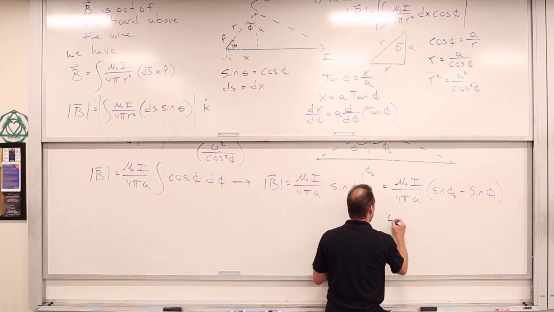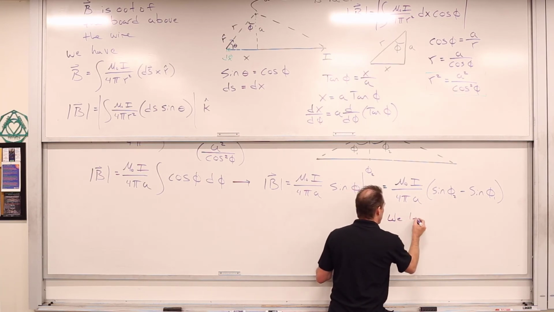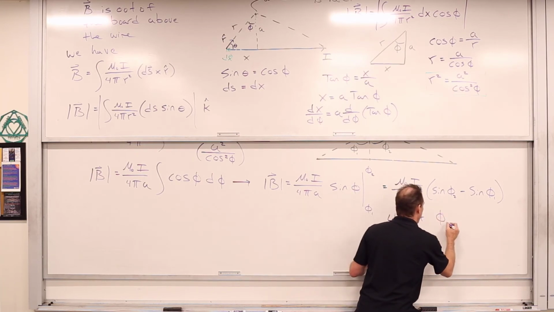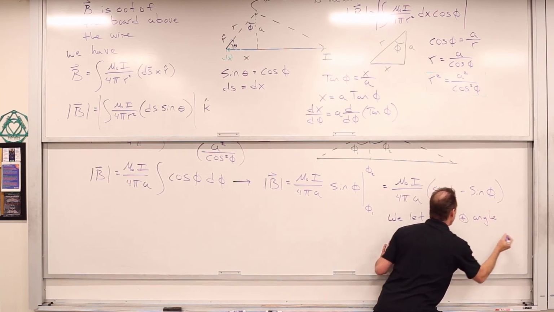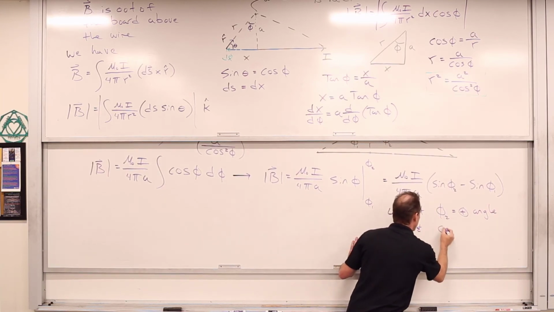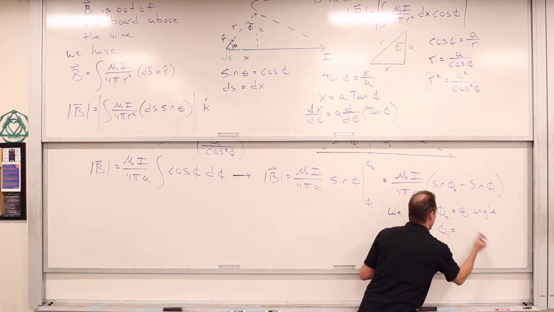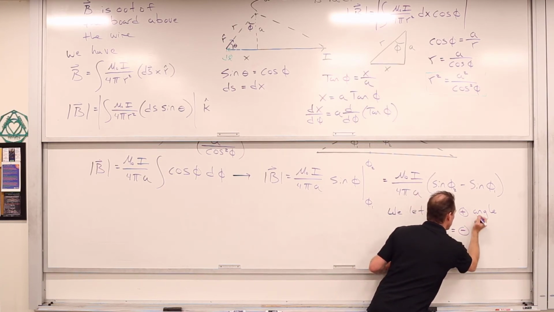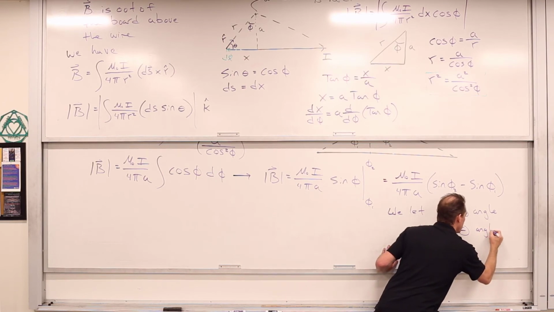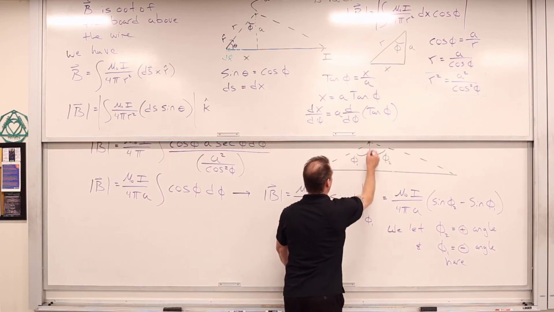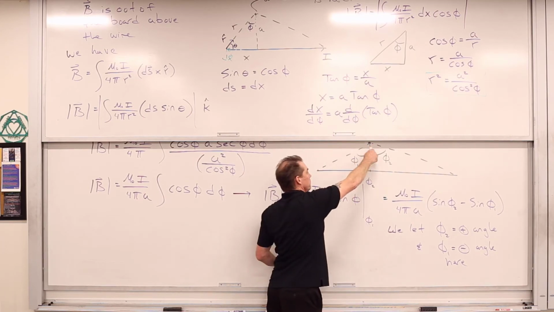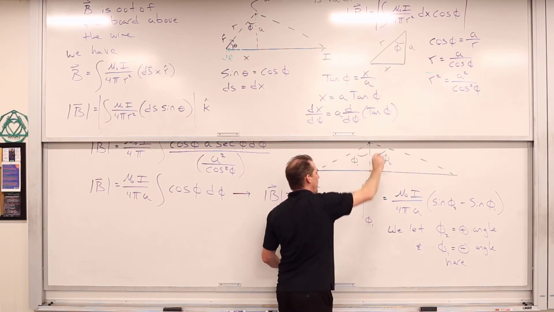And we let phi 2 be a positive angle and phi 1 be a negative angle, because they're on opposite sides of what we're calling the 0 degrees right here. So we've got positive and negative.